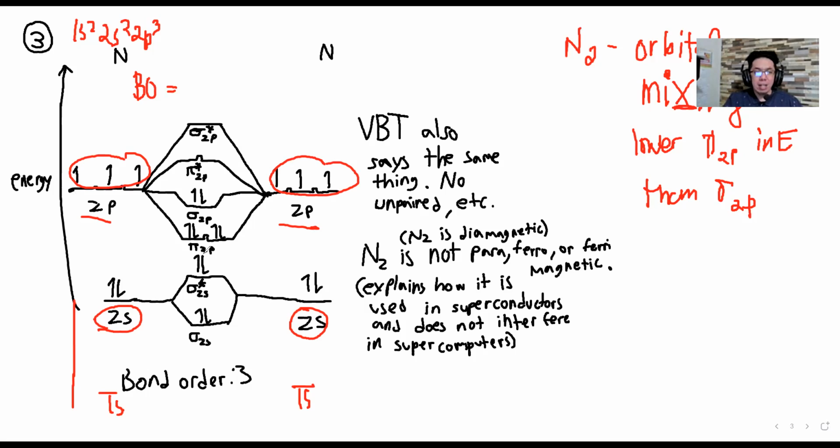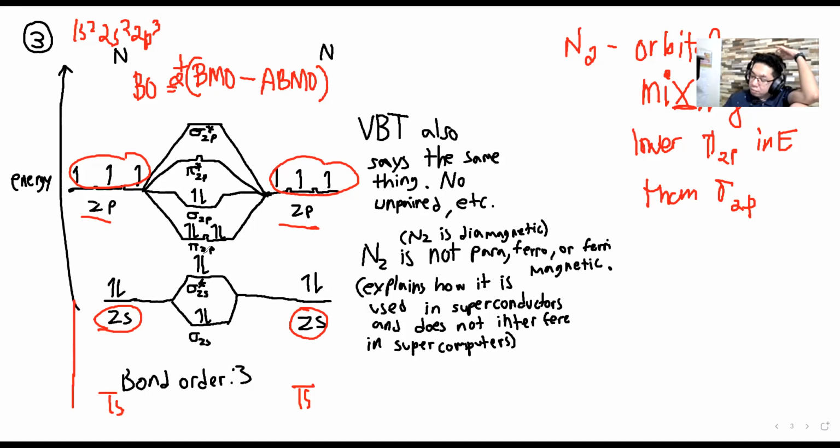Count the number of bonding molecular orbitals minus the antibonding molecular orbitals, times one half.